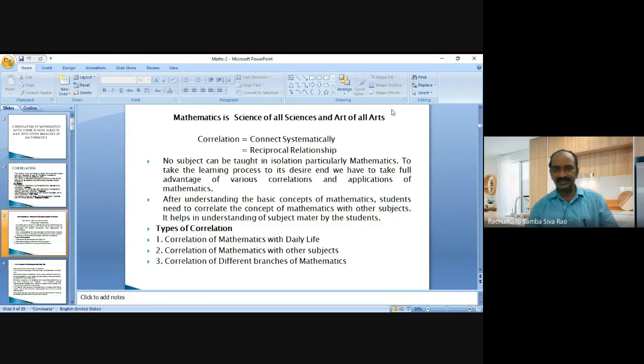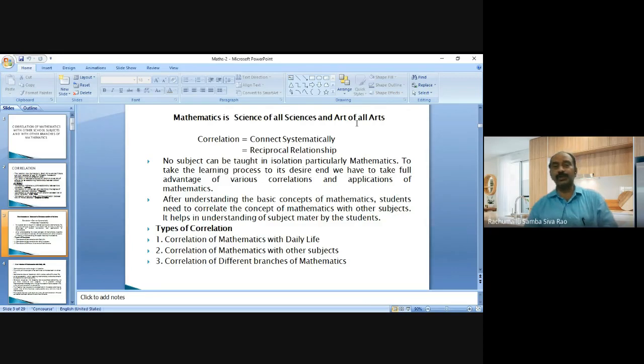That means mathematics has a correlation with all sciences, with all school subjects, and with the arts also.